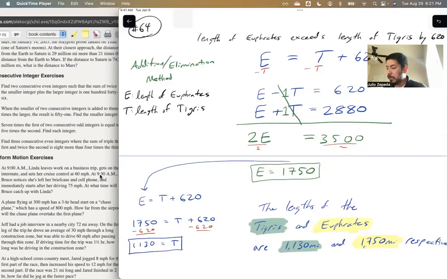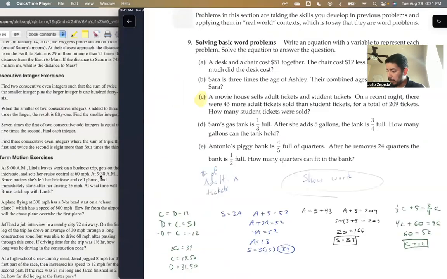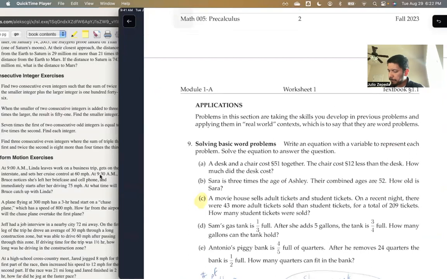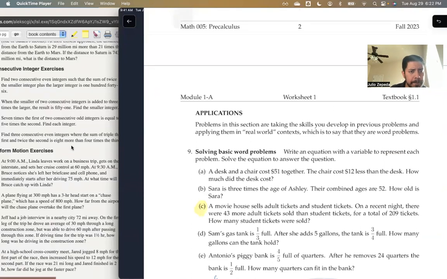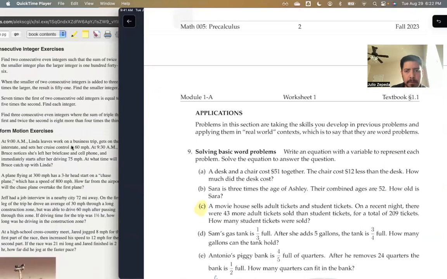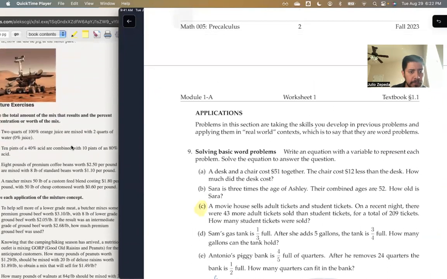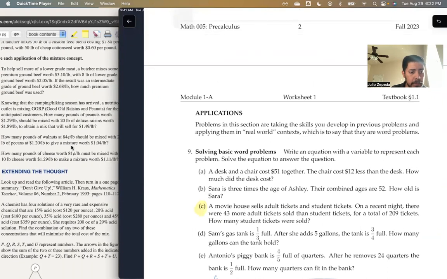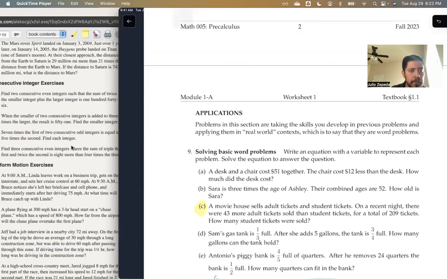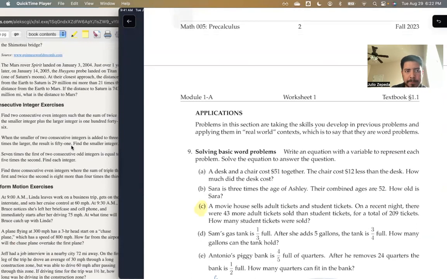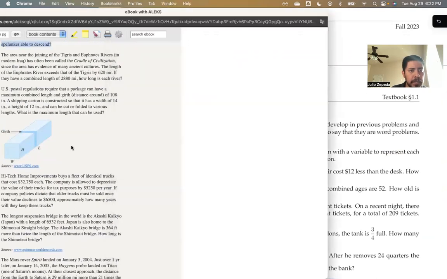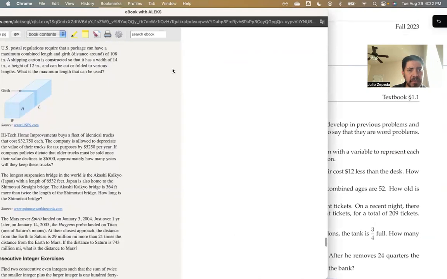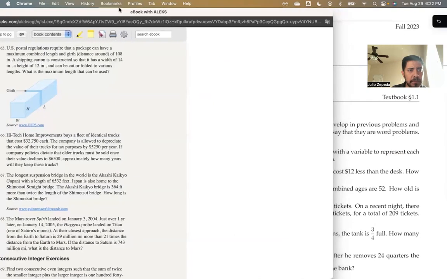One that is similar to the problems that we have on our worksheet. So let's go ahead and find one more. Let's try, yeah, we'll try the next one, 65.